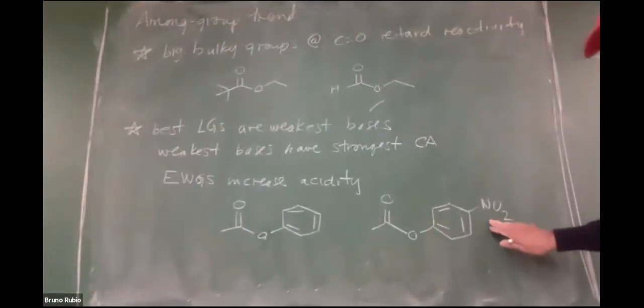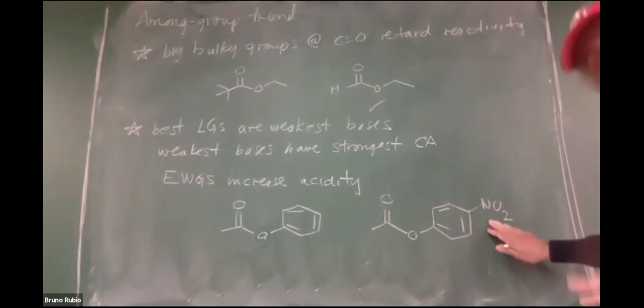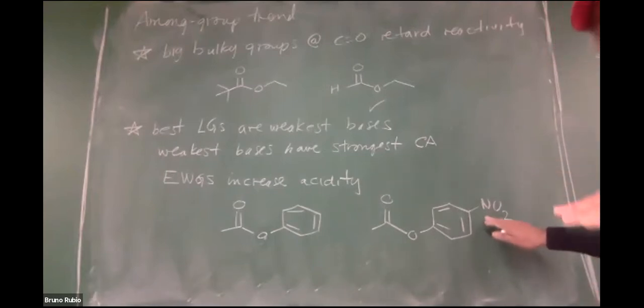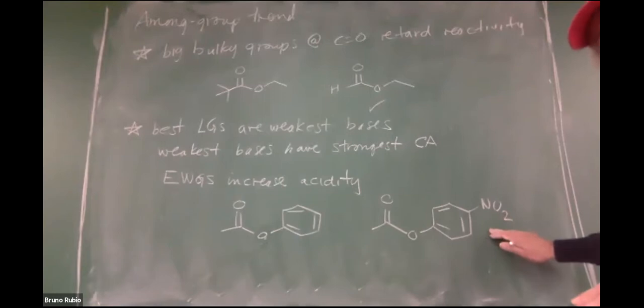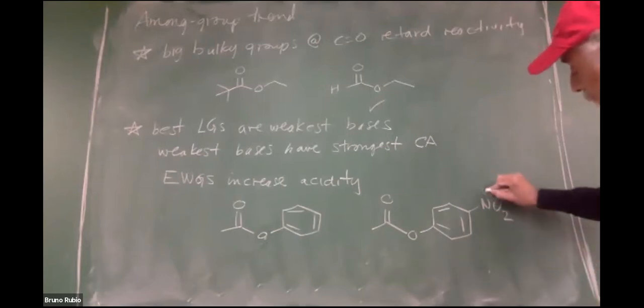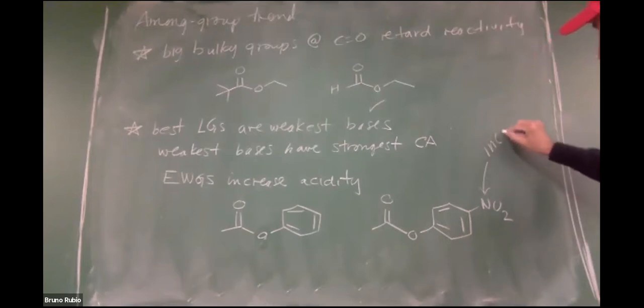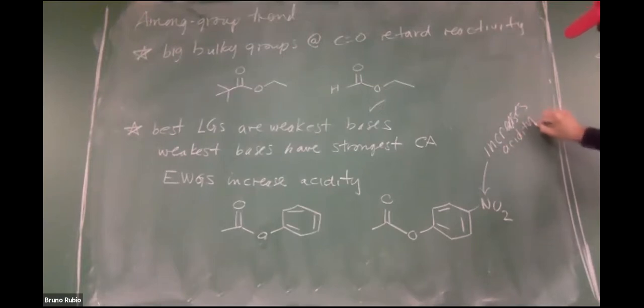Well, this is a nitro group, and nitro is an electron withdrawing group. Electron withdrawing groups increase acidity. If he increases acidity, what does he do to basicity? Decreases basicity, right?